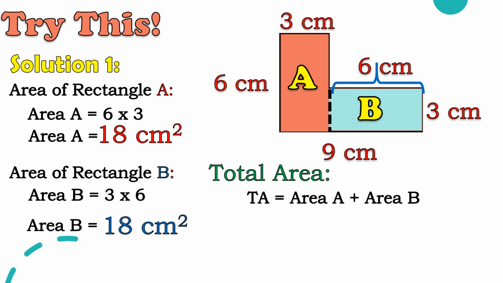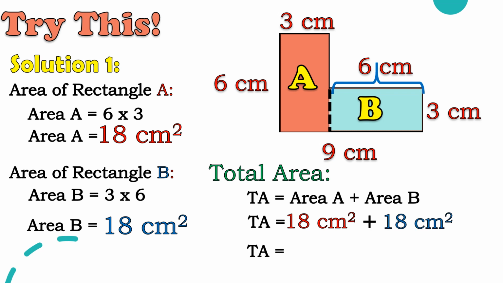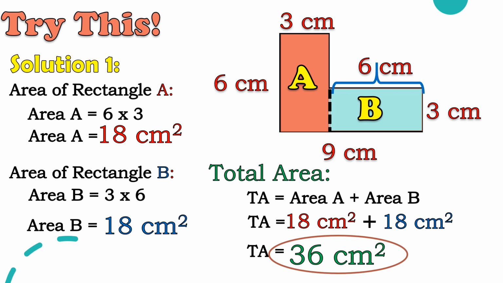Total area is equal to area A plus area B. So, 18 cm squared plus 18 cm squared. The total area of the irregular figure is 36 cm squared or 36 squared centimeter. Napakadali at napakasimple lamang, di ba?